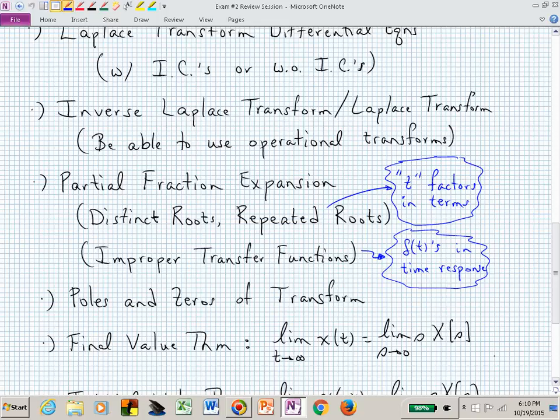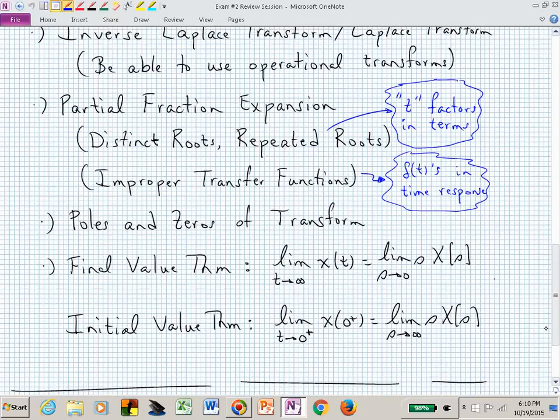And then you need to be able to apply the final value theorem and the initial value theorem. How do you know that they are valid, these theorems? The initial value theorem, when is it okay to use it? All you have to know is that the limit on the right exists.